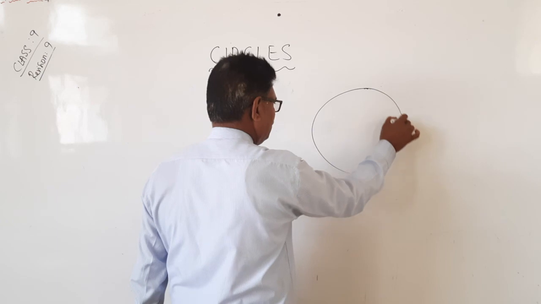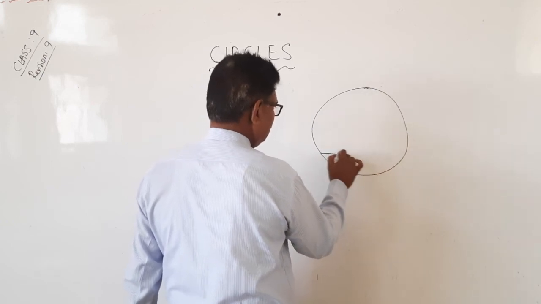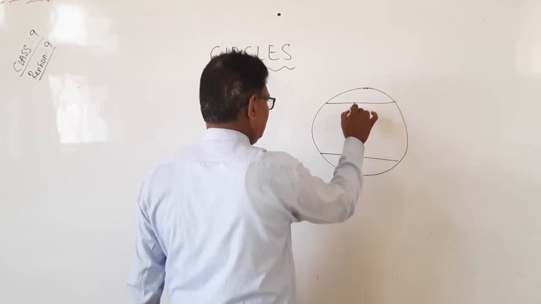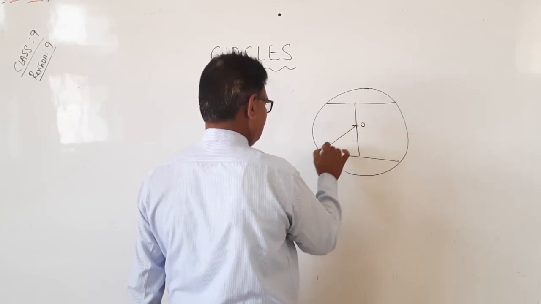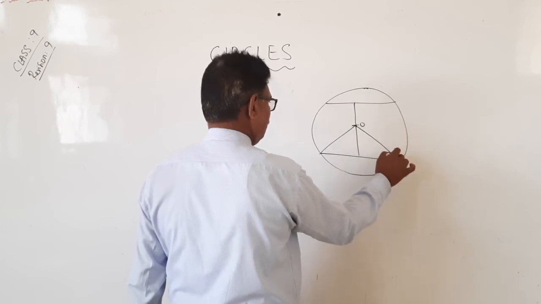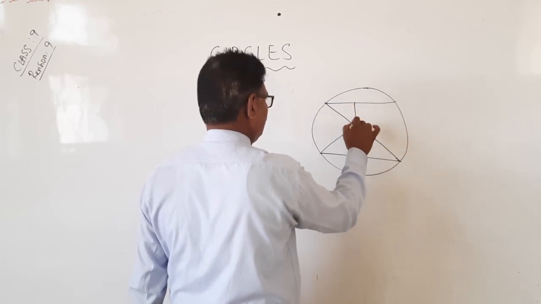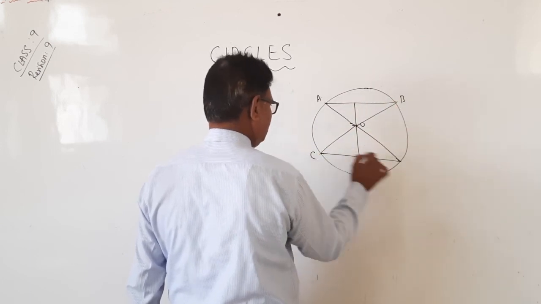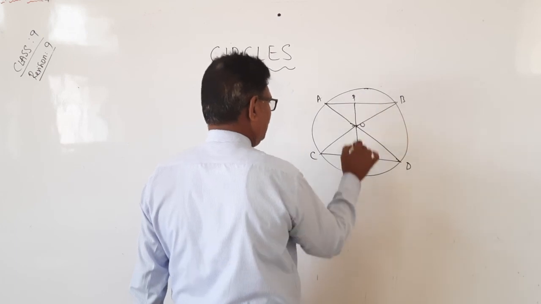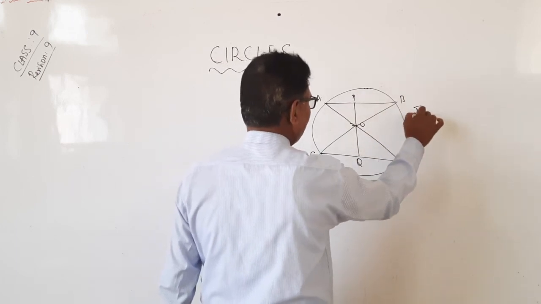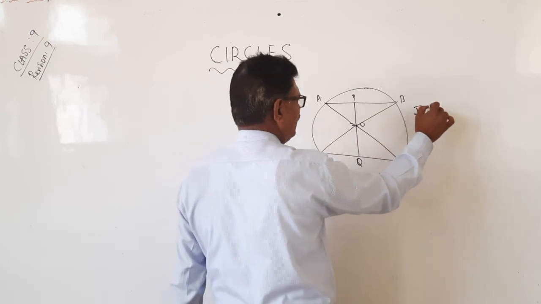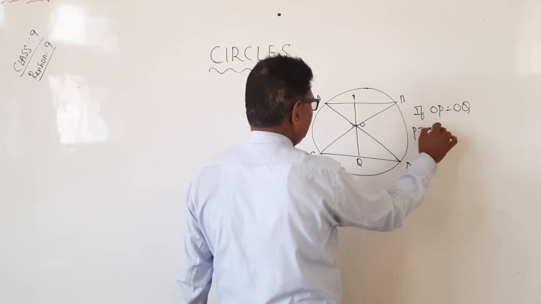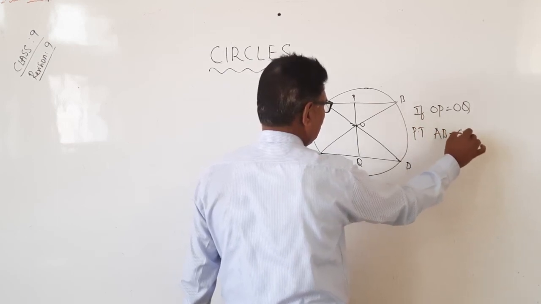If it is a circle, these are the two chords A, B, C, D, P, Q. If the distance between them is equal, that is OP equal to OQ, then prove that AB equal to CD.